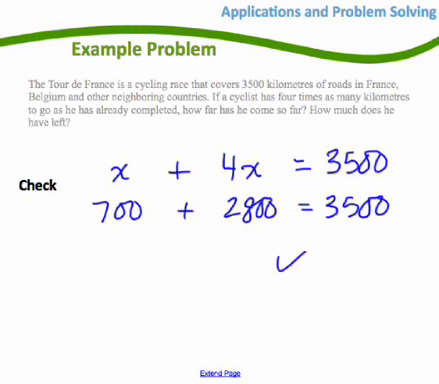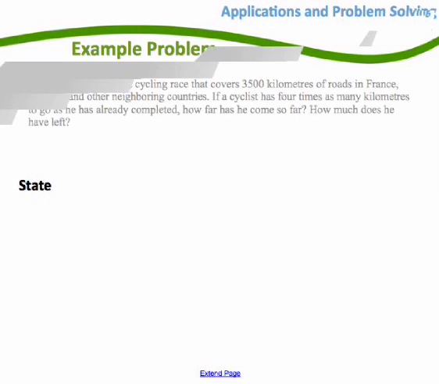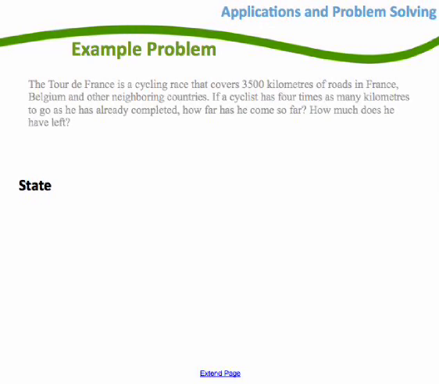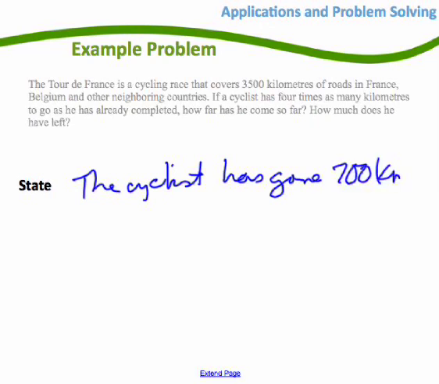So my answer checks. In stating my answer, I'll say the cyclist has gone 700 kilometers. Now, did they ask another question?